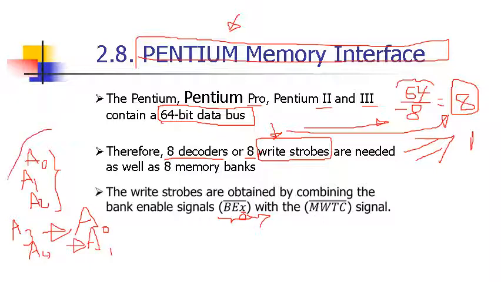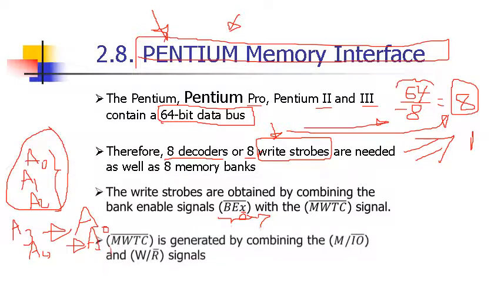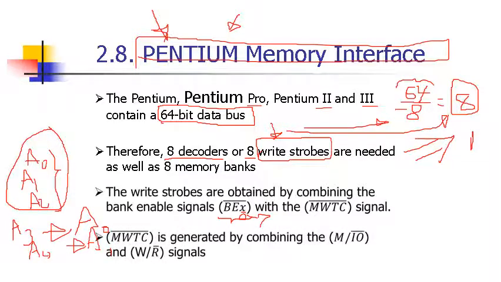Because the first three, the least three significant bits, are used and dedicated to select one of your 8 banks in, of course, interfacing memory to your Pentium processors. Okay, and you use these to generate strobes, a memory write control strobe or a memory read control.